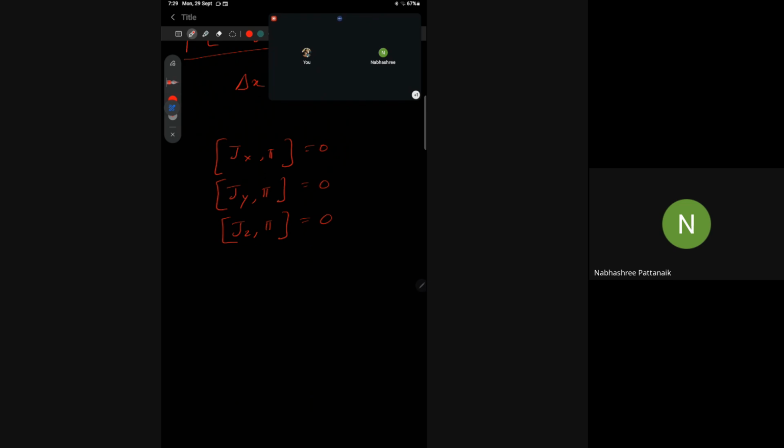So the x, y, and z components of total angular momentum commute with parity. So total angular momentum and parity can be determined simultaneously.